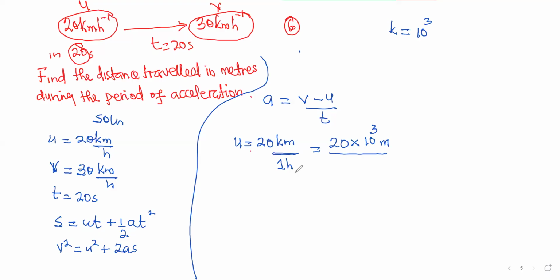1 hour is equal to 60 minutes, and 1 minute is equal to 60 seconds, meaning that to change 1 hour to seconds is just 60 minutes times 60 seconds. So that will be 3,600.